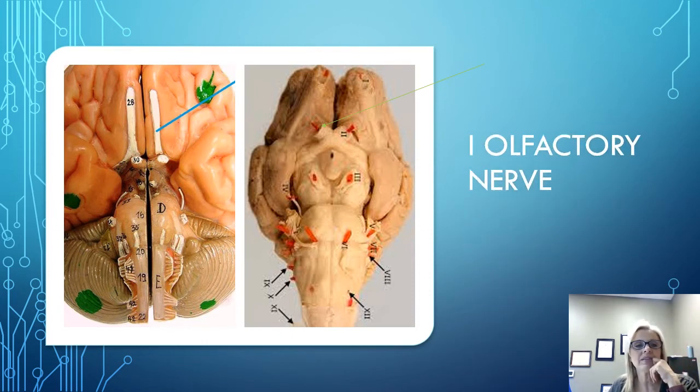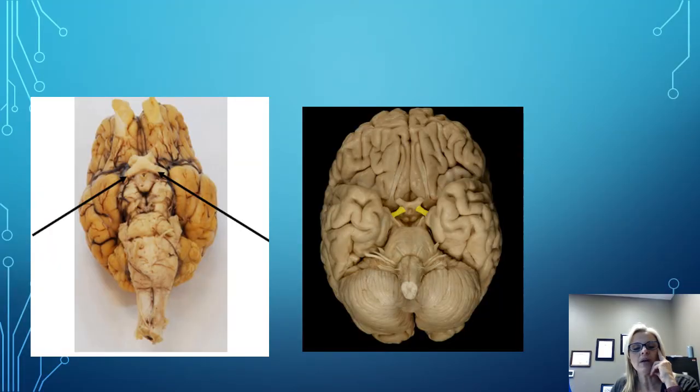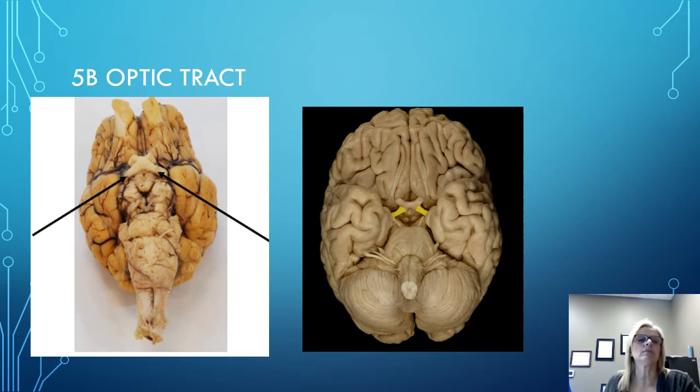I almost forgot to click, and don't forget you got to know the Roman numerals and list them out at the end and tell me, are they sensory, motor, or both? All right, so below that is this X-shaped structure here we call the optic tract. I told you before, the optic tract, okay? And the optic nerve will pass through here.